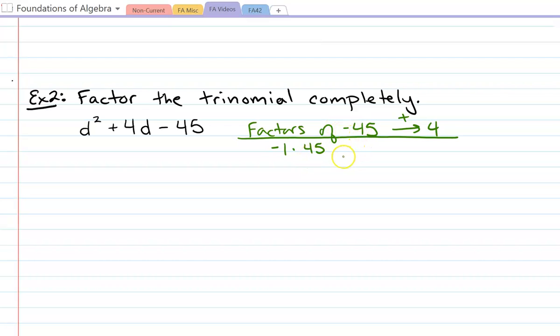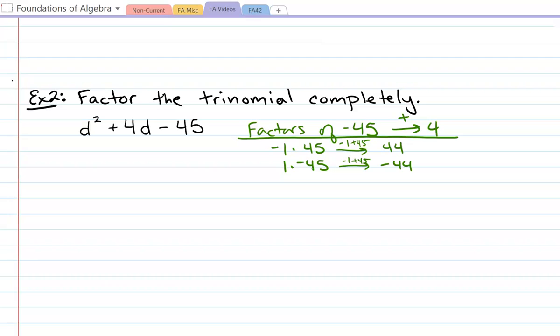That's negative 45, and if we add those, negative 1 plus 45, we get positive 44. So that's not it. What about if we switch it? 1 times negative 45 still multiplies to negative 45. If we add them, we get negative 44. So anytime we add a factor pair where one of the factors is negative and one is positive, the larger number keeps the sign.